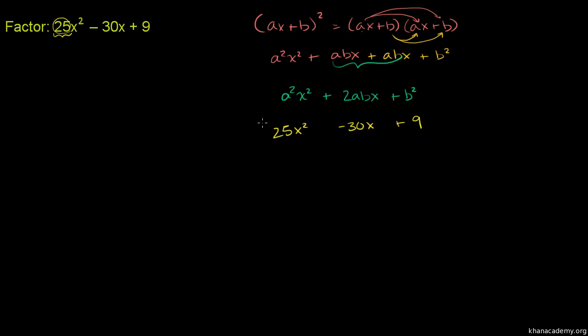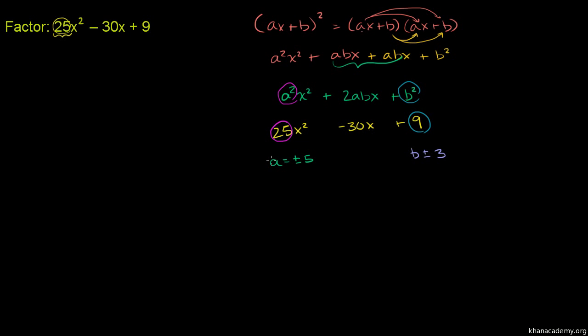So if this is a perfect square, then the a squared part right over here is 25, and the b squared part is 9. So that tells us that a could be plus or minus 5, and that b could be plus or minus 3.